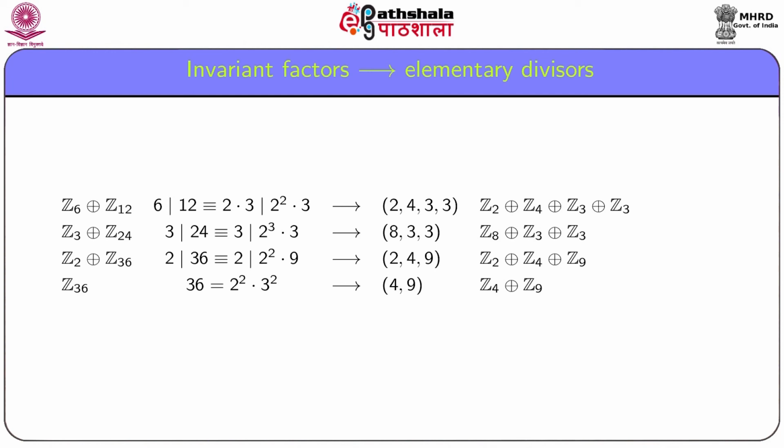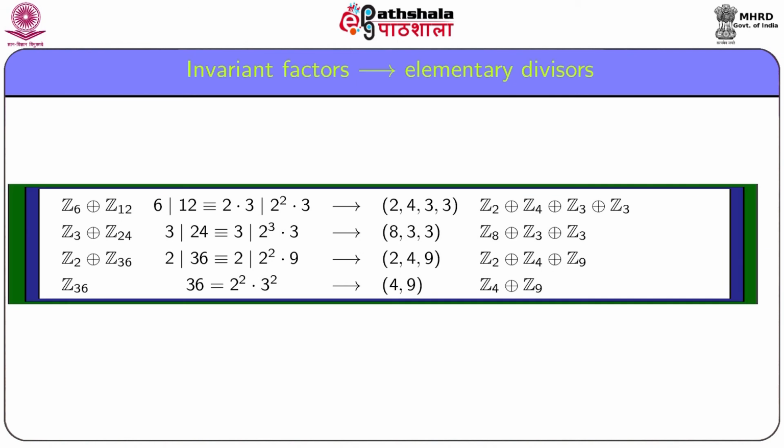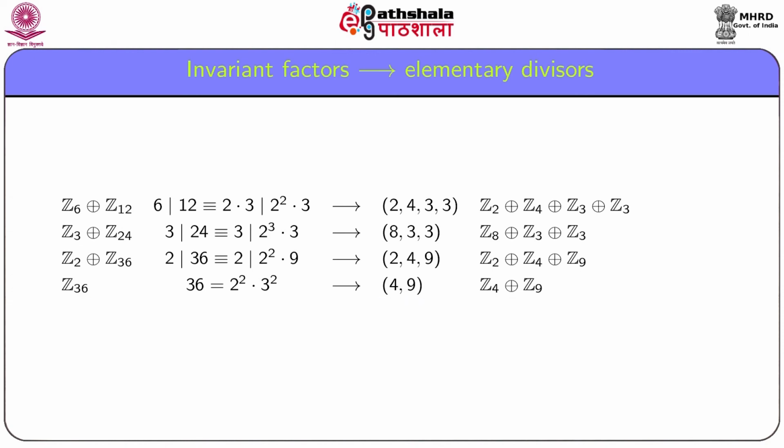In other words, we will separate or rewrite Z6 according to the prime factors. So Z6 can be rewritten as Z2 direct sum Z3, whereas Z12 can be rewritten as Z4 direct sum Z3.